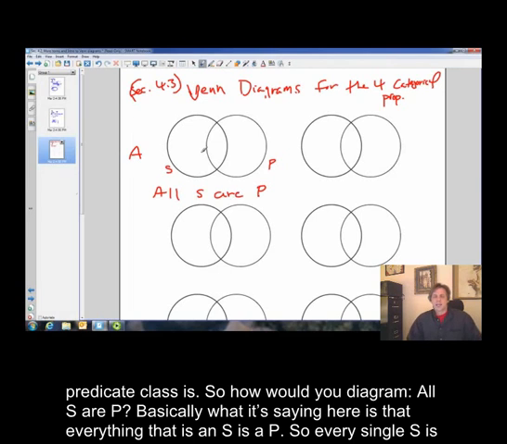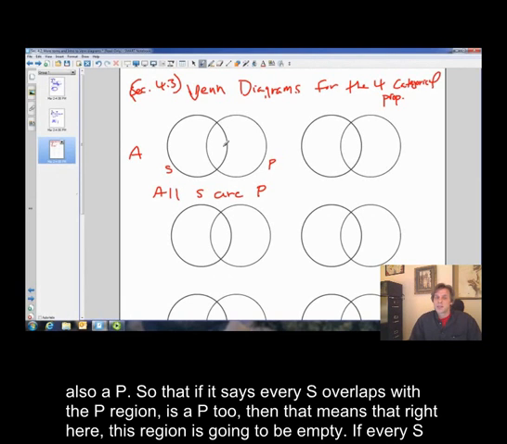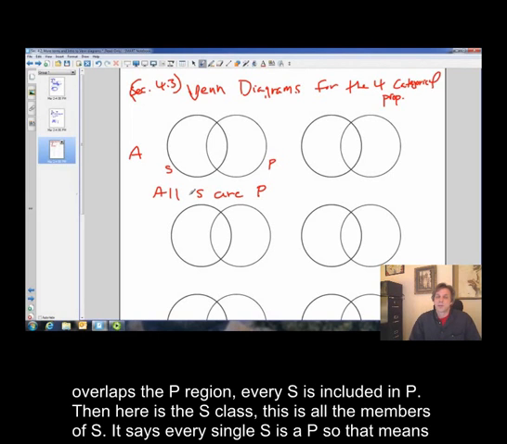Basically, what it's saying here is that everything that is an S is a P. So every single S is also a P. If every S overlaps with the P region, every S is included in P, then here is the S class.